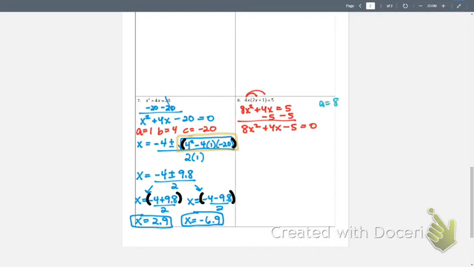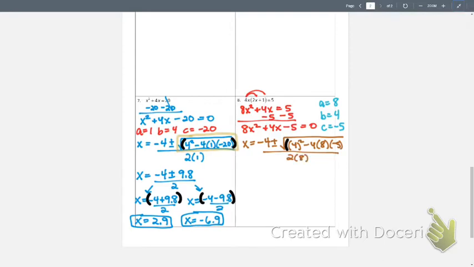A is the number in front of the x squared, b is the number in front of x, and c is the constant, but you have to pay attention to those signs in front so that you write it out as needed. So the quadratic formula is x equals the opposite of b plus or minus the square root of b squared minus 4 times a times c all over 2 times a.